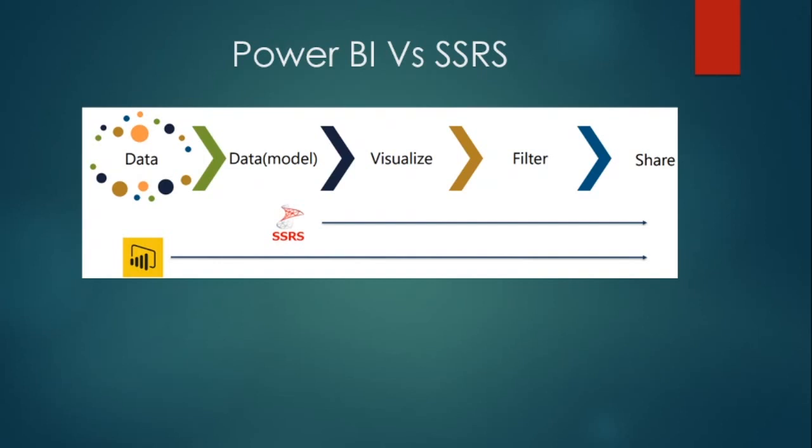But in the same case, while you are connecting your data from different data sources to Power BI, you can create a data model. You can visualize your data, and after visualizing, you can also apply filters and share the data through the Power BI service.